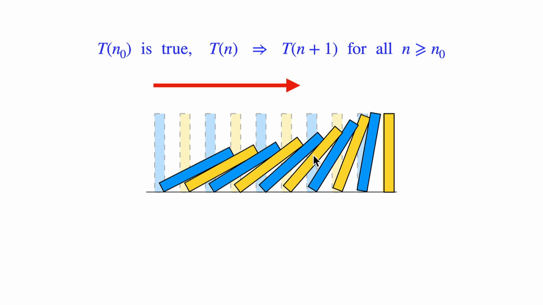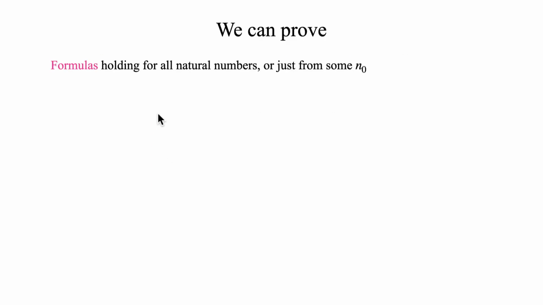So you know that this induction principle can be compared to the domino effect. You have seen many examples of proofs by induction. And what kind of statements can we prove? Well, for example, formulas holding for all natural numbers or just from some point on.